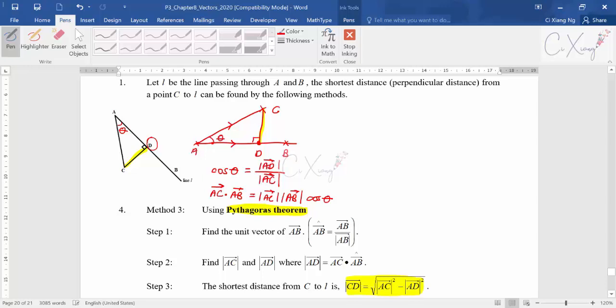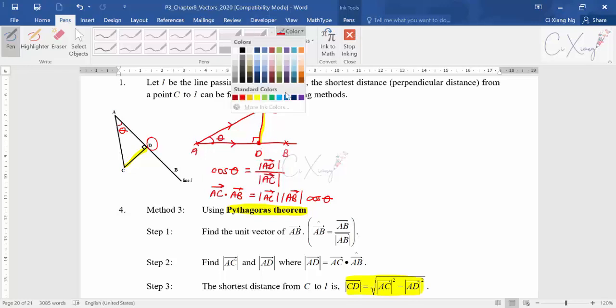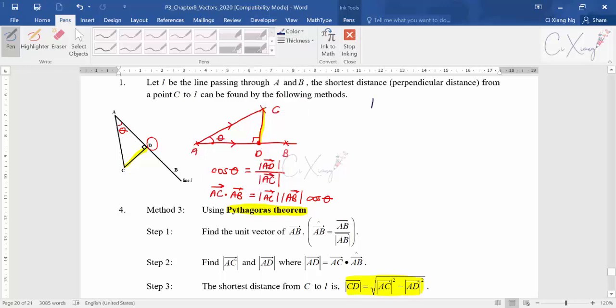Then from here, my aim is to find out AD first. According to the formula that I showed you, what is AD? AD is actually equal to AC cos theta. Then, what is AC cos theta? Because you don't know the cos theta, you need to substitute it using something else.